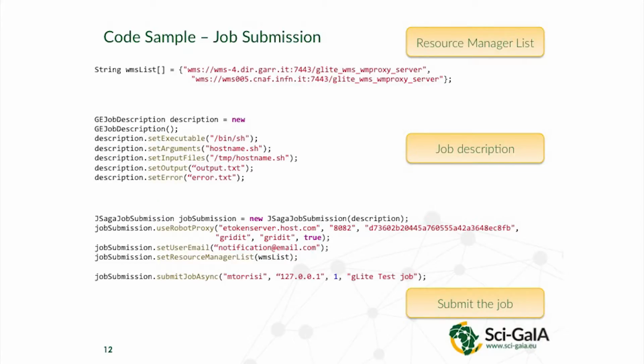You have to define the job description, so the description of the application you would like to run on the distributed computing infrastructure. In this example, I simply run the hostname command. To define the job description, you can use the GE job description object.